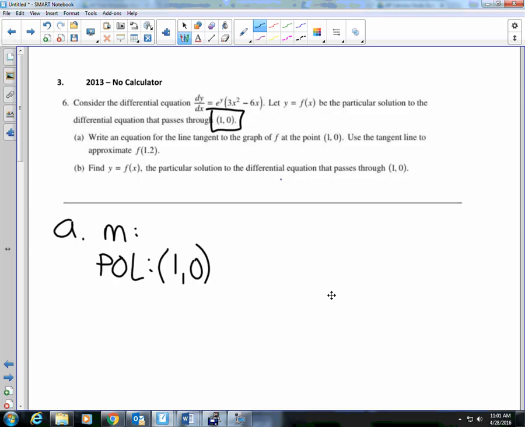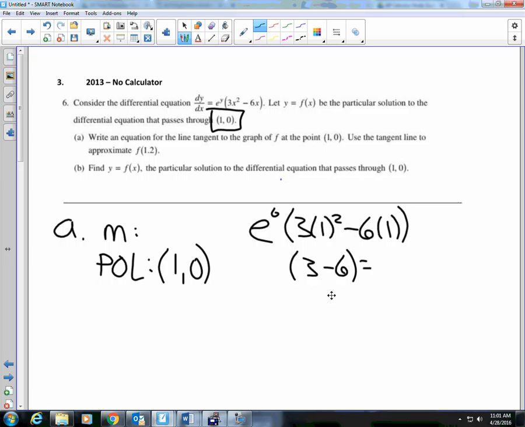I'm given the derivative, so how do I find the slope? Plug in x and y. So I have e to the 0 times 3 times 1 squared minus 6 times 1. And so e to the 0 is 1, times 3 times 1 squared, 3, minus 6, so negative 3.